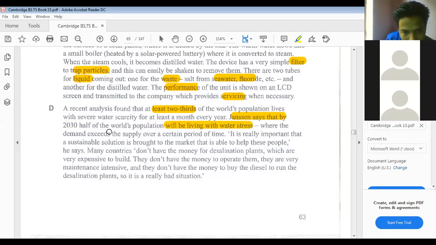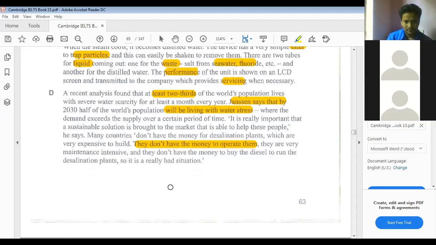It is really important that a sustainable solution is brought to the market that is able to help these people. He says many countries don't have the money for the desalination plants, which are very expensive to build. They don't have the money to operate them. They are very maintenance intensive, and they don't have the money to buy the diesel to run the desalination plants. So it is a really bad situation.